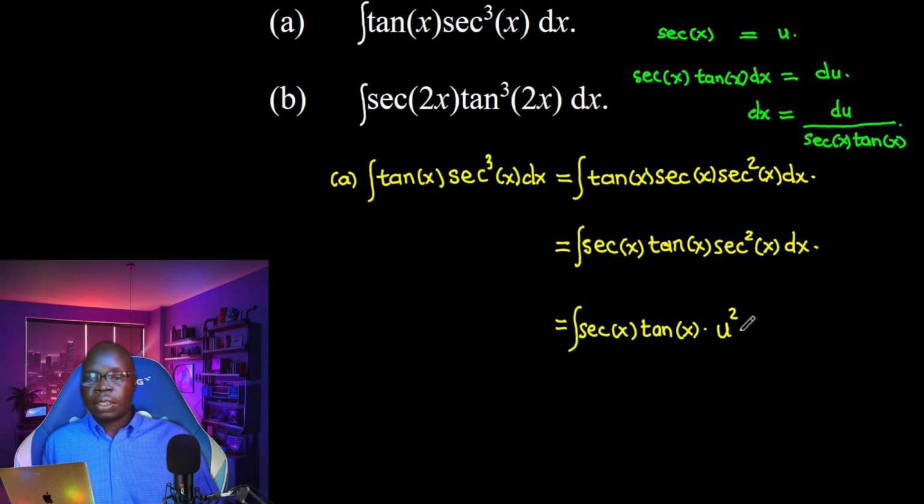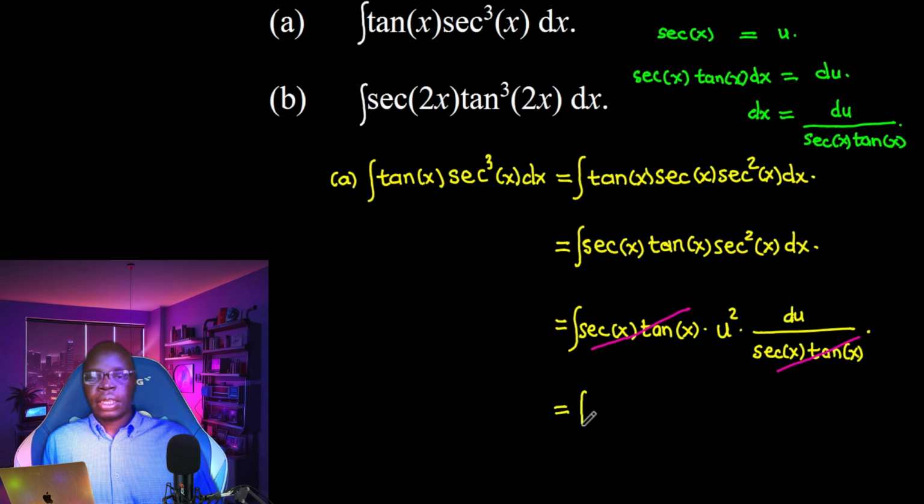So our dx this time is du, so we can place there du all over secant x and tangent of also x. Now we can go on and cancel secant x tan x with this denominator secant x tan x. And our only thing here is to rewrite u squared with respect to u.